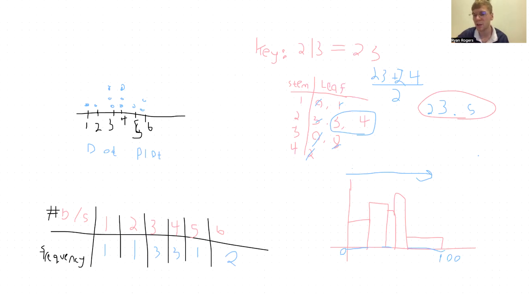And then there needs to be no space in between, okay? So a better histogram might look something like this, right? Yay, nice and even, right?